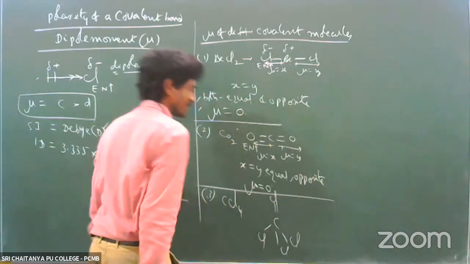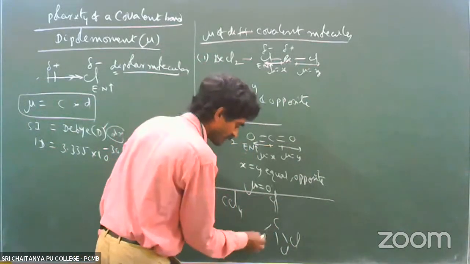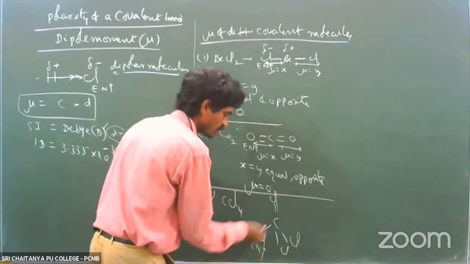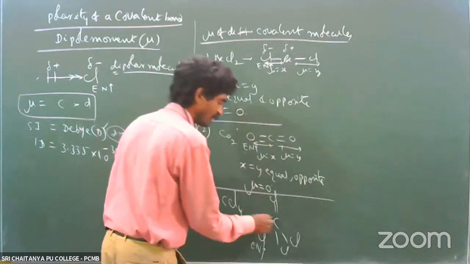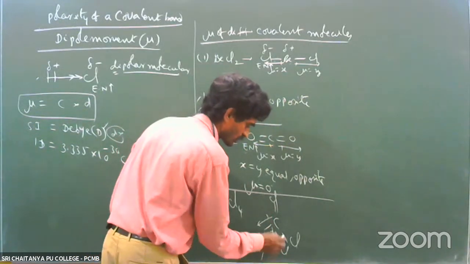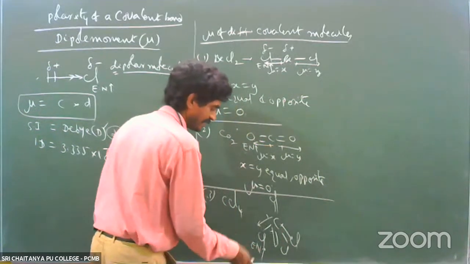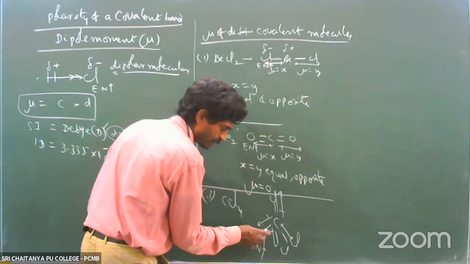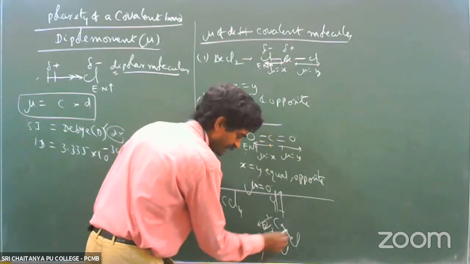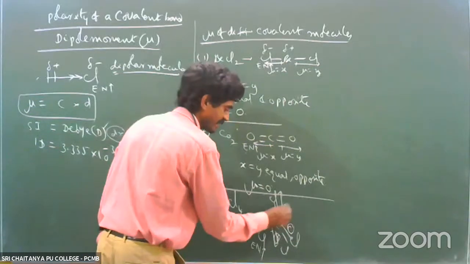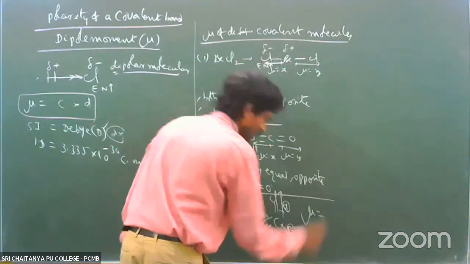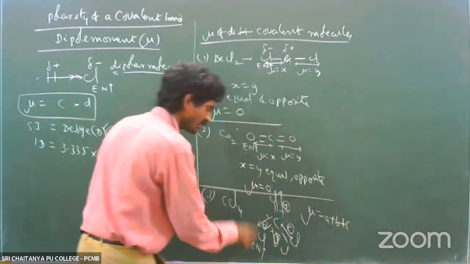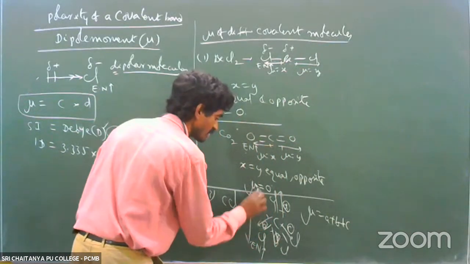Chlorine is more electronegative, so the electron cloud moves more towards chlorine. The bond dipoles all point towards the chlorine atoms. The bond dipole moments are A, B, C and D. Then the net dipole moment is equal to A plus B plus C, which are all in the same direction, but this one is in the opposite direction.